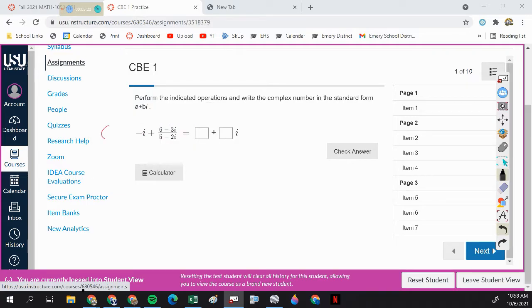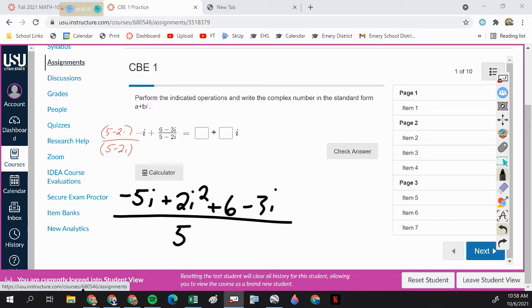So this needs a 5 minus 2i over 5 minus 2i, which gives me negative 5i plus 2i squared plus 6 minus 3i all over 5 minus 2i.